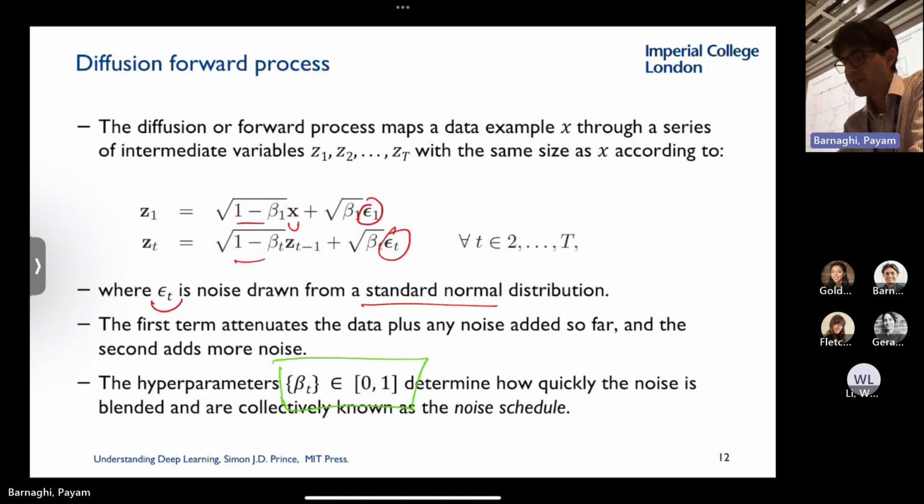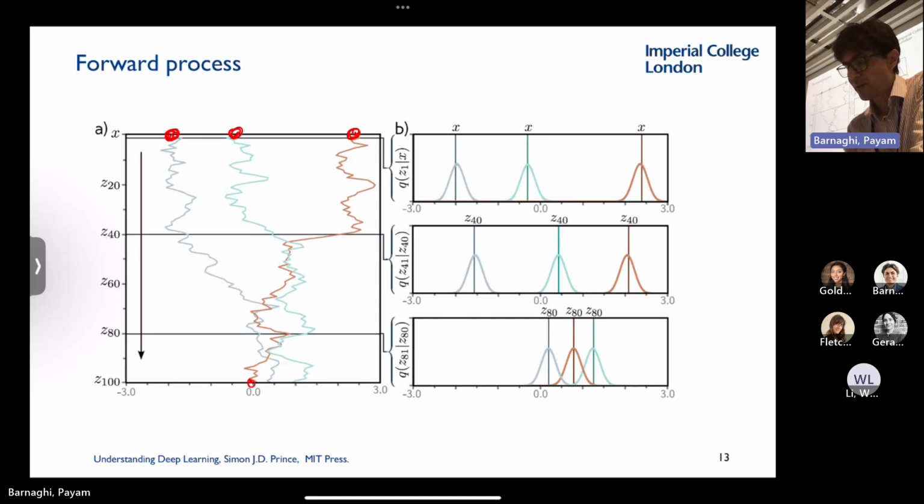If you keep adding it, this is the journey of three pixels in your image through 1,000 steps. This one starts from here and ends up here. This one starts from here and ends here, and at each step you're basically looking at the distribution you are drawing from. Make sense? And what you're trying to learn in your reverse process is these distributions. If I were here at this stage, what distribution would represent it?